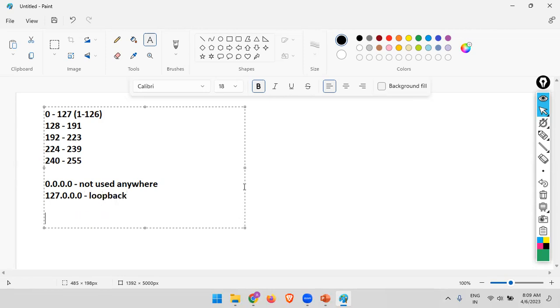Then only class A, B, and C we use for assignment purpose. If you want to assign an IP address, then we can use only class A, B, and C. These are the classes we can use for assignment.